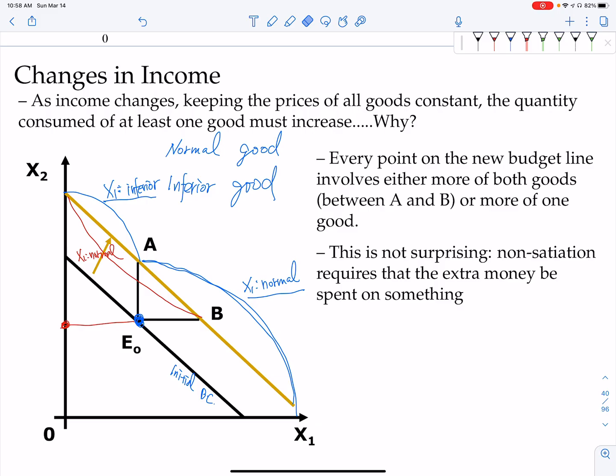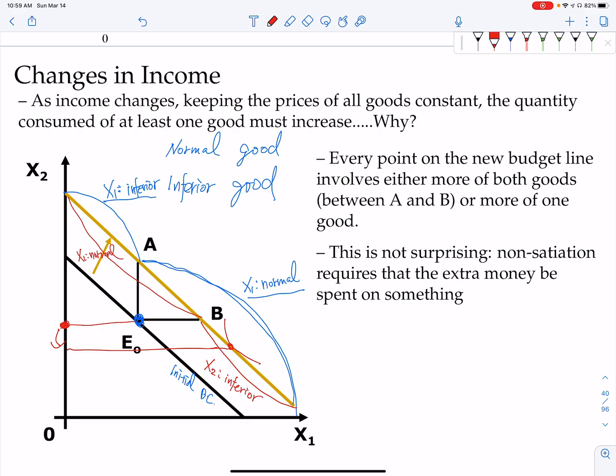All right. So on the other hand, if your optimal decision was here, then X2 is an inferior good, right? Because this was your initial consumption, and if this is the new optimal decision here, then your consumption of X2 goes down, right? So that means you're decreasing the consumption of X2 when you have more income.